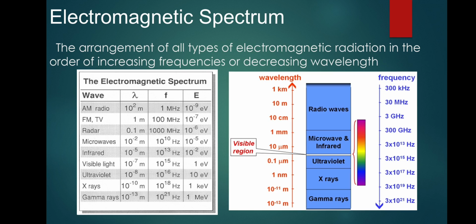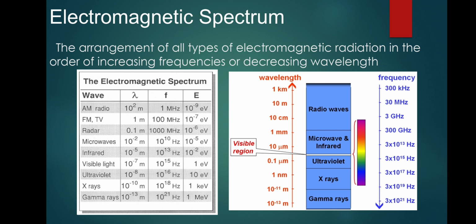Now electromagnetic spectra. I told the electromagnetic radiation can be split into or can be divided into various radiation based on the wavelength or frequency. Arrangement of this radiation either in the increasing order of the wavelength, if increasing order of the wavelength means the frequency will be decreasing, or in the decreasing order of wavelength, frequency increasing.